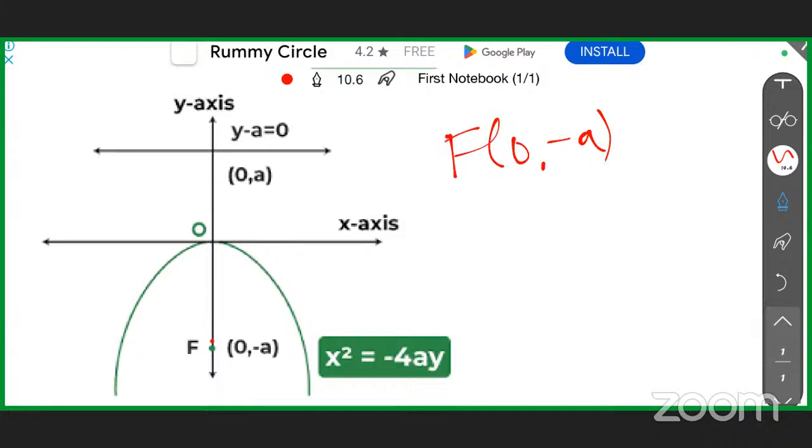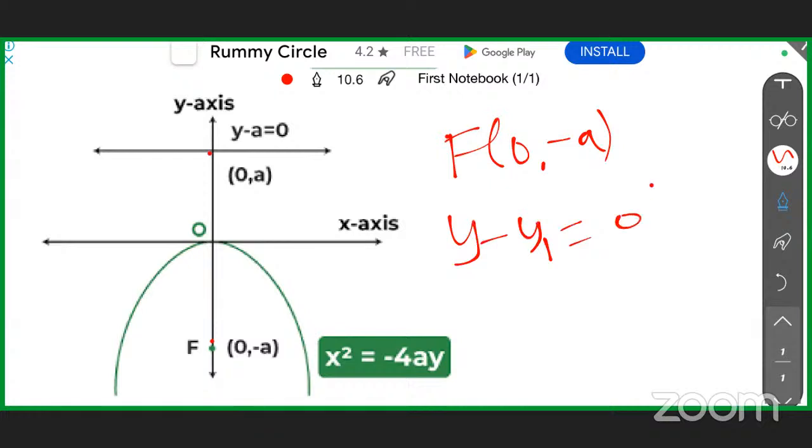Once this is done, the opposite will be my fixed line. My fixed line will be on the positive y-axis. By using the same concept we discussed, the slope will be 0. So the x coordinate will be 0, and the point here will be 0 comma a. Therefore the equation will become y minus y1 is equal to 0, because m into something will become 0.